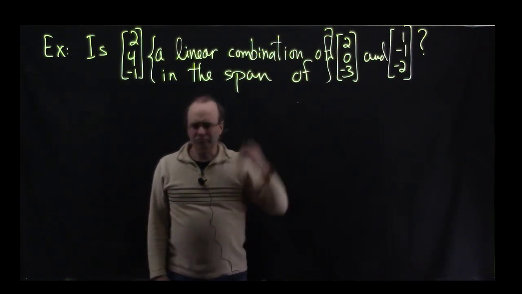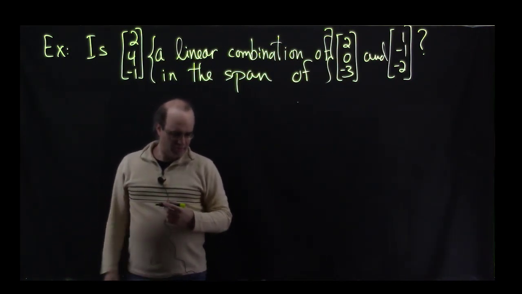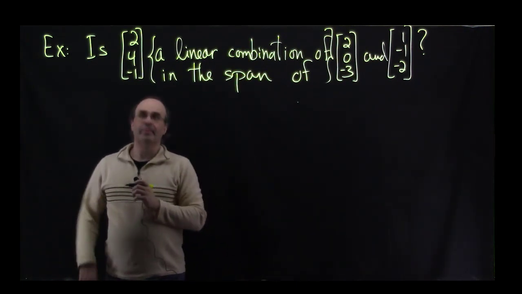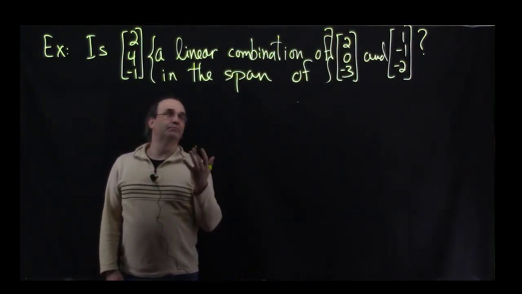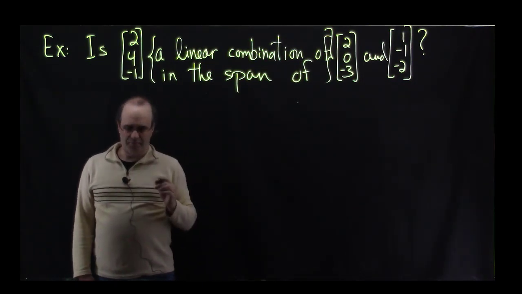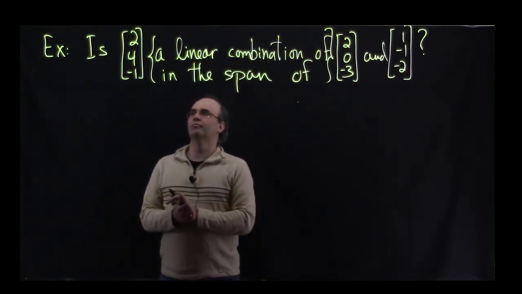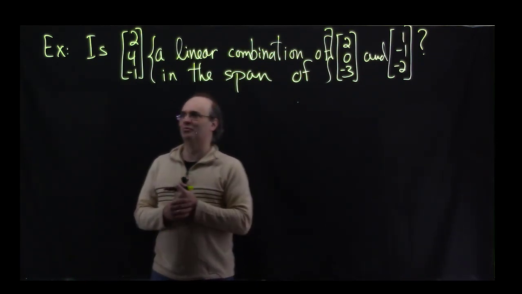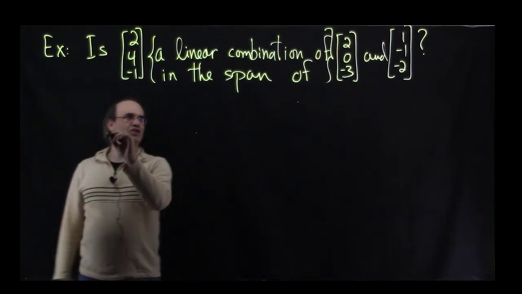So how can we answer this question? If this is going to be a linear combination of those two vectors, it means that I can find some scalars C1 and C2, although in this case I will rather use x1 and x2 as variables.